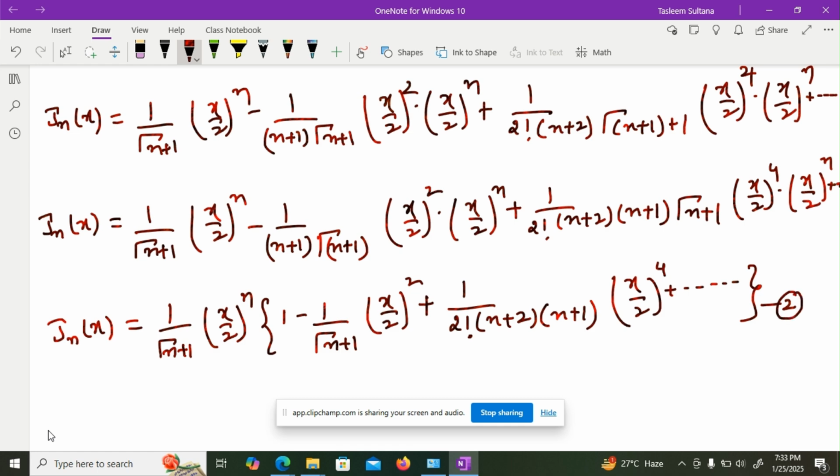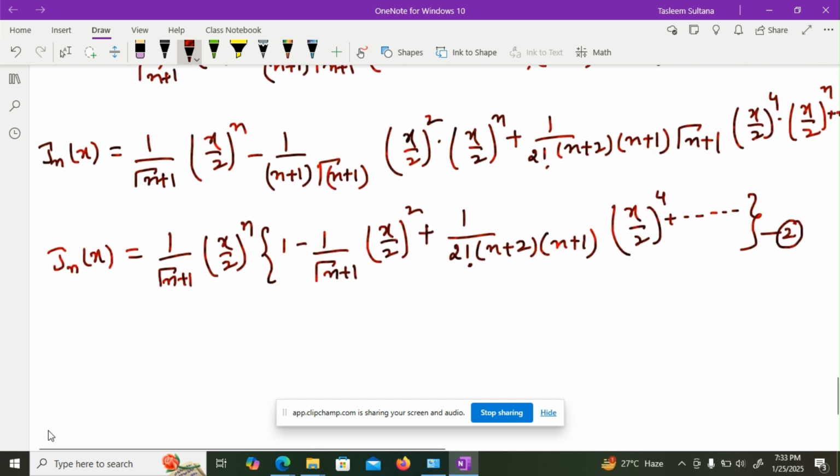Till here it is similar to finding J of minus half. You can check it out in the previous video. Now what is our destination here?